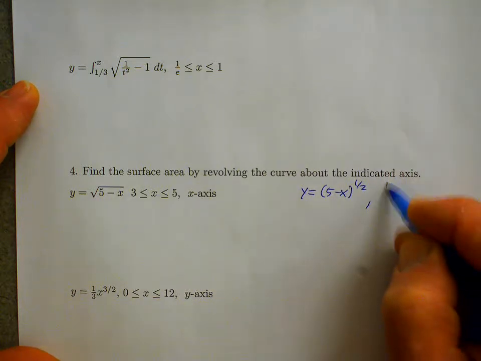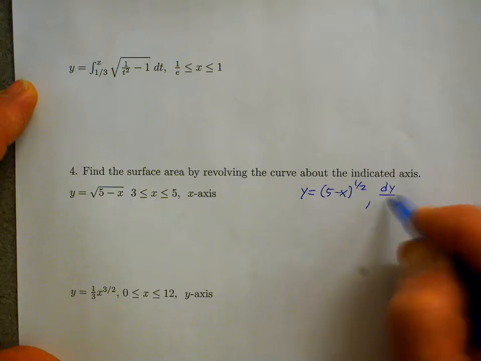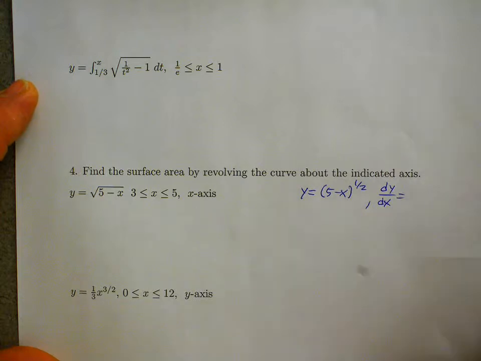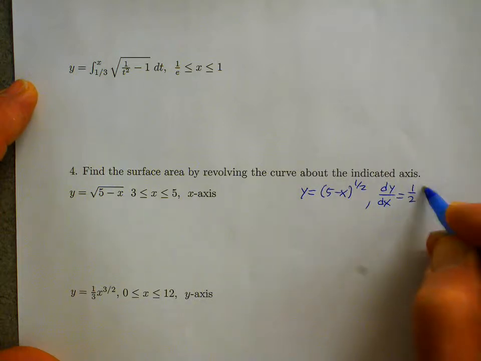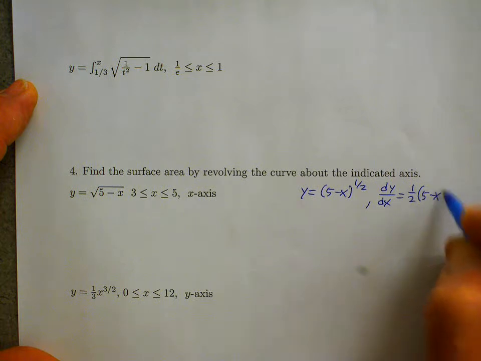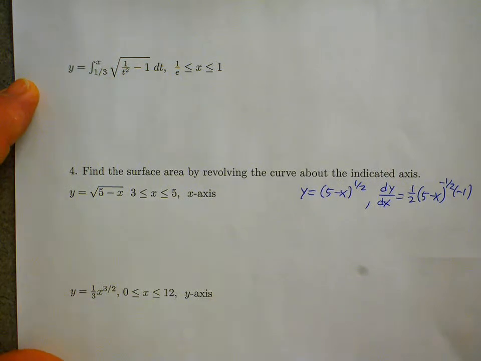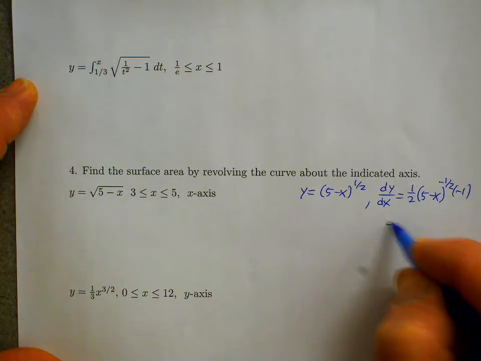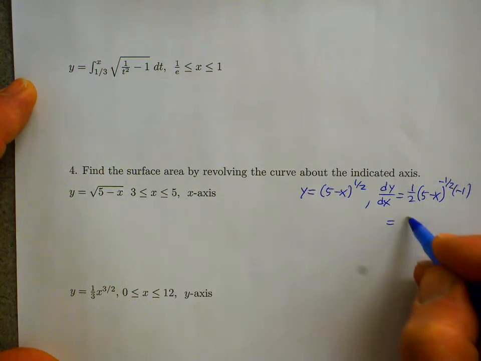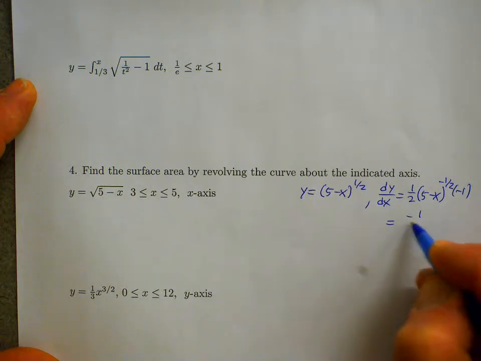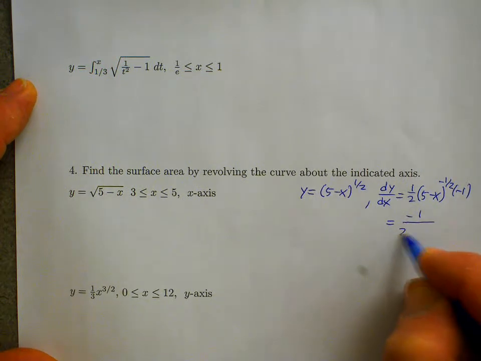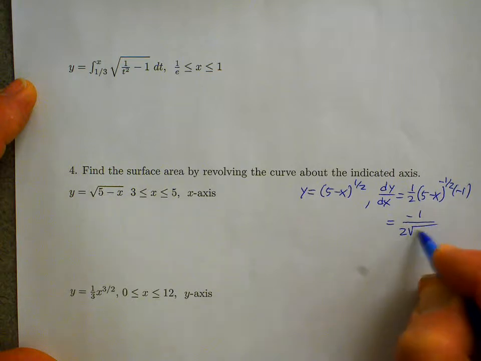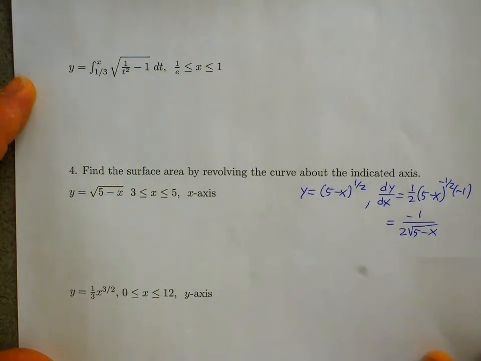And we want the derivative of that, dy dx. So we get 1/2 times 5 minus x to the -1/2 times -1, or -1 over 2 times the square root of 5 minus x.